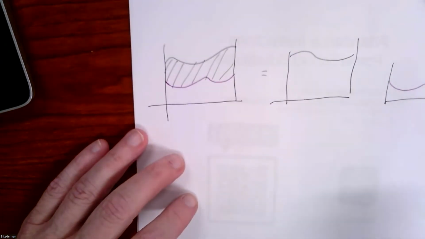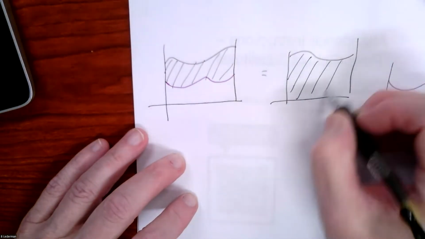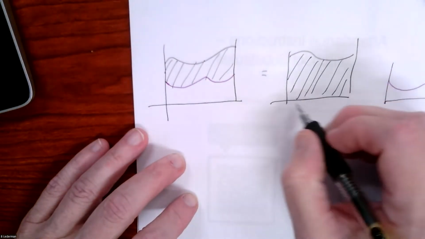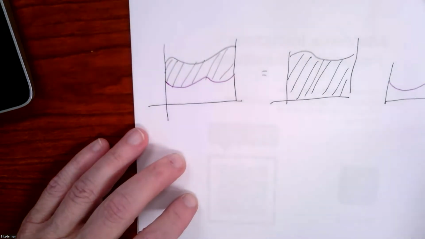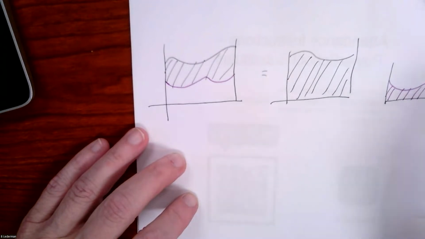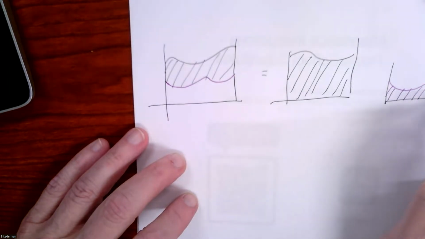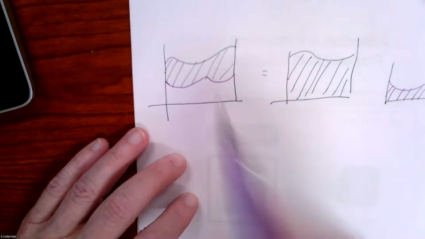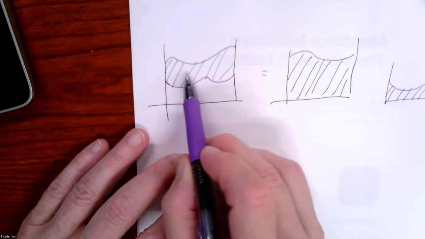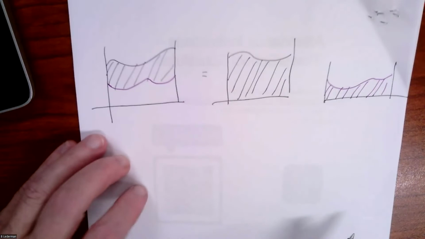If I take this entire area that's under the black, all the way down to the bottom, and I subtract the part that's under the purple, I take this entire piece, cut away that lower piece, and I'm left with that middle section in between the two curves. That's exactly what I'm going to do.